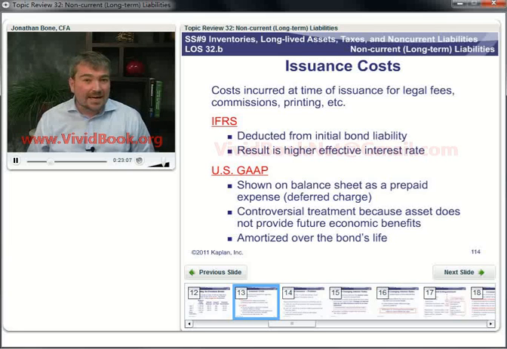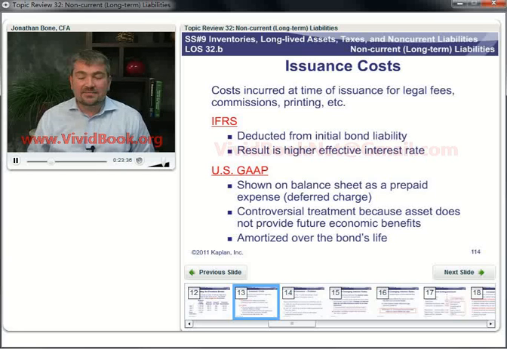Under US GAAP, the treatment is different. Rather than deducting the issuance cost from the initial price and having a higher effective interest rate, the issuance cost is shown as a prepaid expense, essentially. Okay, a deferred charge, like a prepayment, so they sit in your current assets, really, or your non-current assets. Then what you're going to do is amortize this prepaid expense over the life of the bond through the income statement.